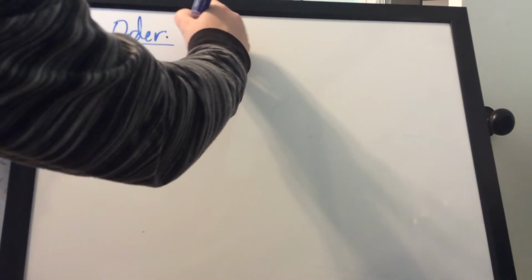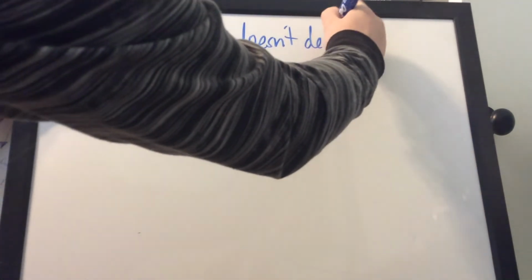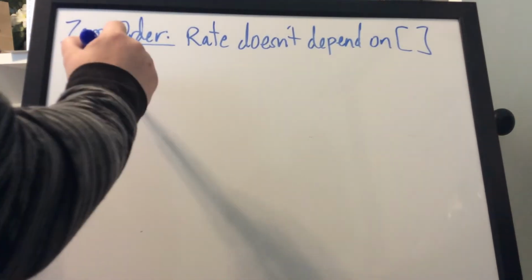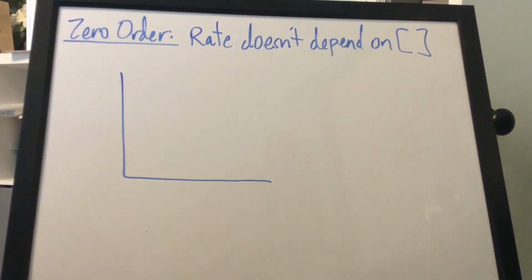You can add this right here in this space, or you can put it underneath this little practice problem. It's just super small, so whatever you want. But I'm going to say 0 order. In a 0 order reaction, of course, the rate doesn't depend on the concentration. So I don't really have an integrated rate law for you for this one.